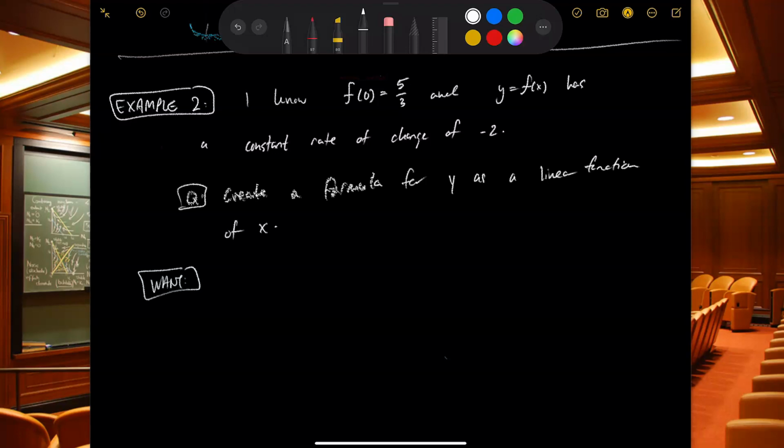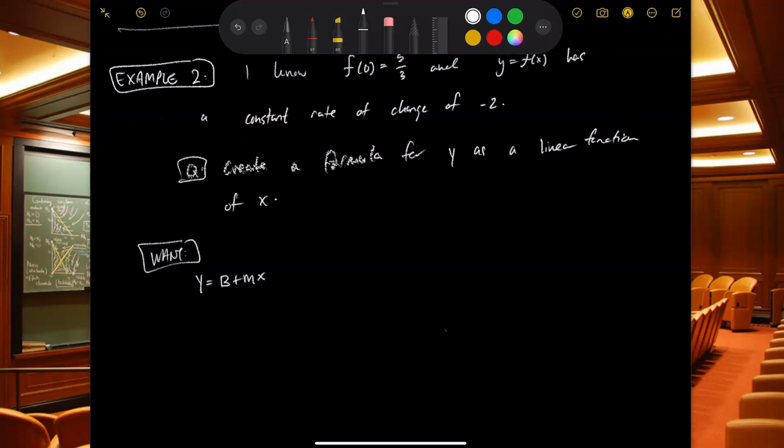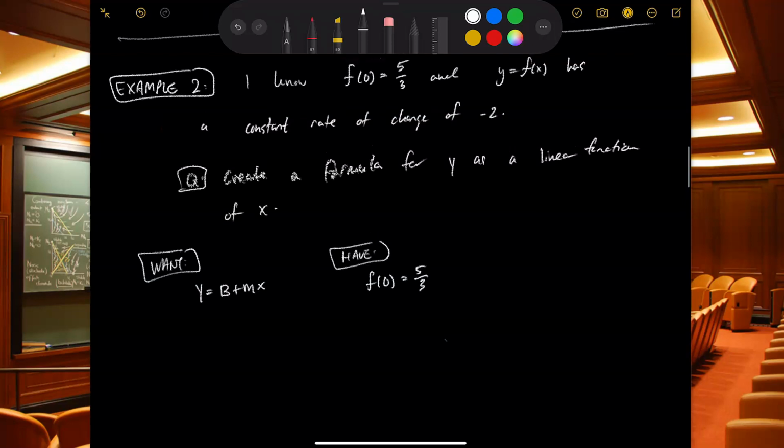So the question is, what do we want? Well, we want b plus mx as the expression that gives us the y values for a given input. So what do we have? Well, we have f of 0 equals 5/3. And we can unpack what that means.